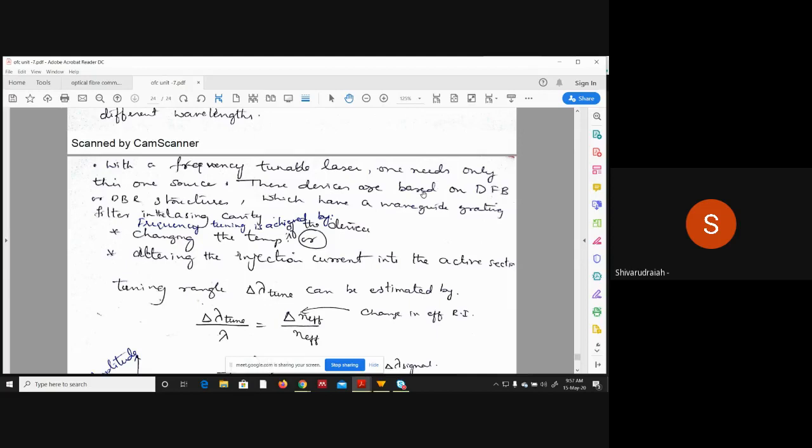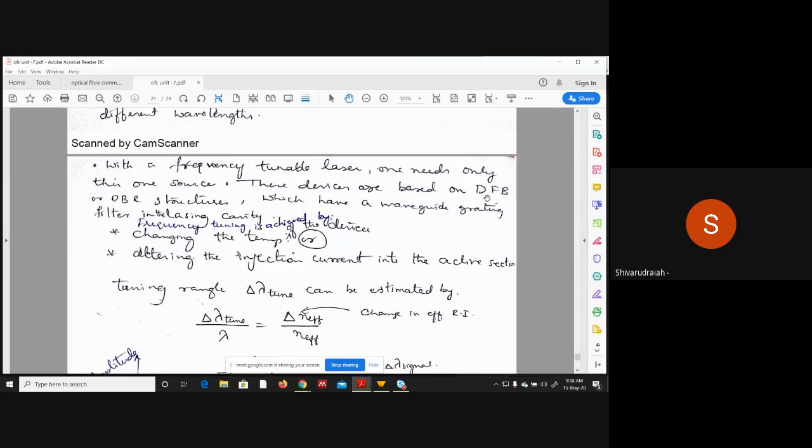These devices are based on distributed feedback. DFB stands for distributed feedback, and DBR stands for distributed Bragg reflection, right? So there are two such laser devices.